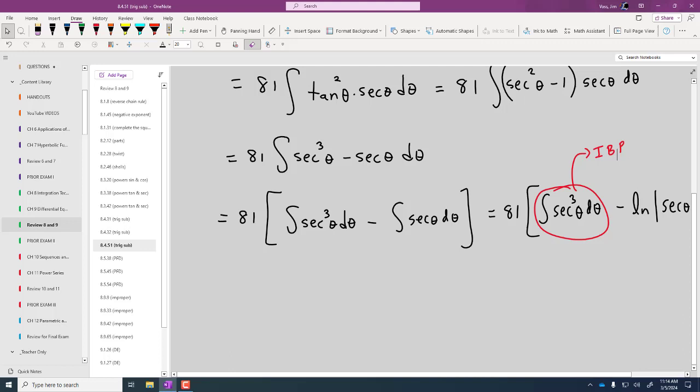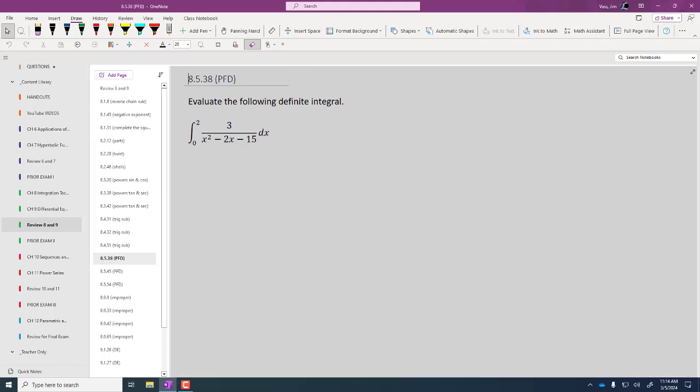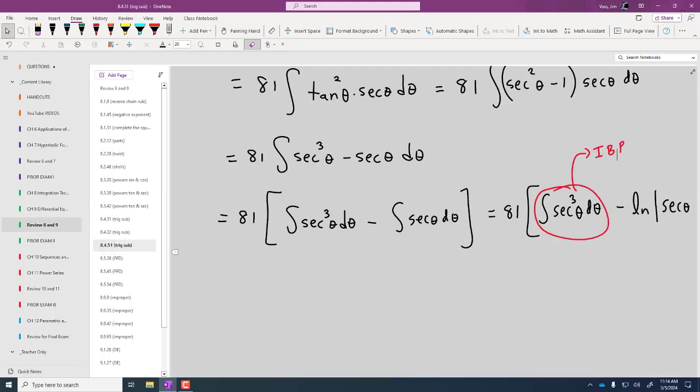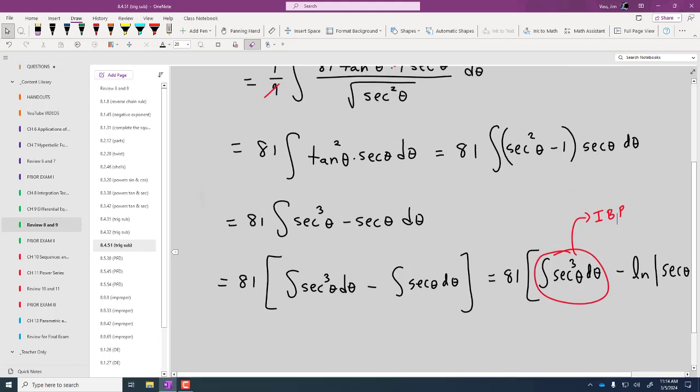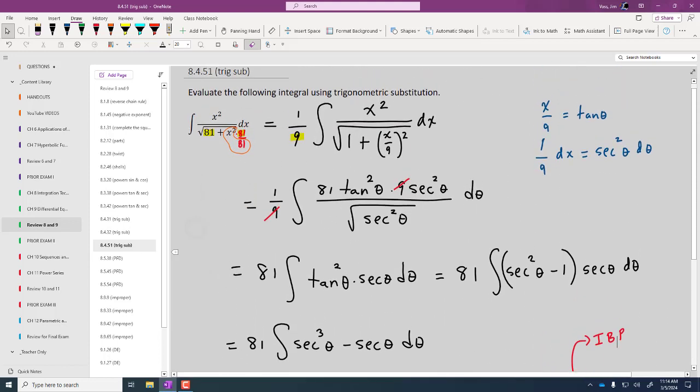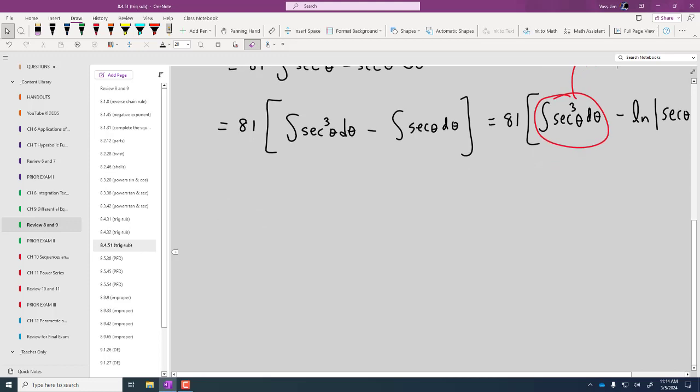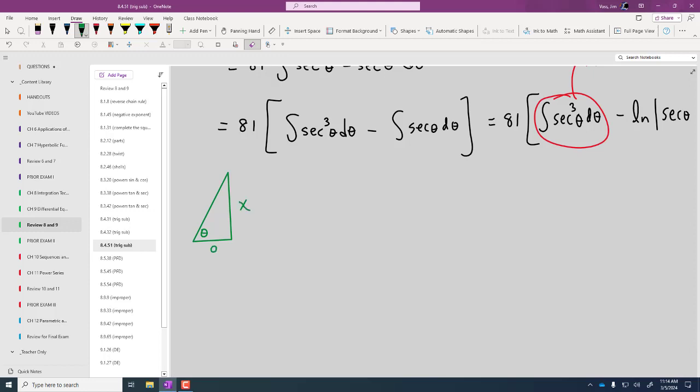Okay, back to more math. Let's just write the triangle. We're not going to finish this one, but at least let's make sure we understand the triangle. Tangent of theta is x divided by 9. So when we draw our triangle, tangent is x divided by 9, so that's opposite over adjacent. And what will that make our hypotenuse?